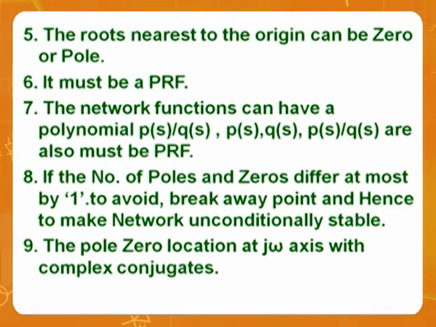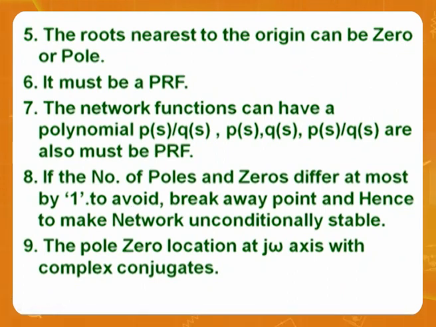If you avoid the breakaway point, the system will be unconditionally stable. Suppose it is breaking, like we study in controls, it will break and cross the j omega axis. Once it crosses the j omega axis, it goes from the negative side to the positive side. If roots go to the positive side, it becomes unstable.